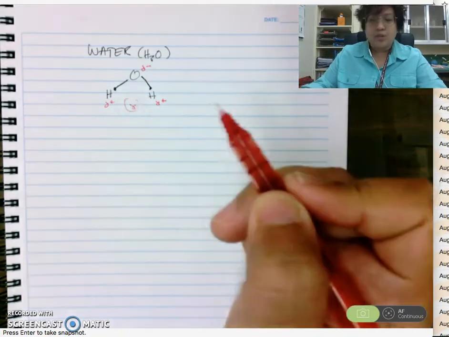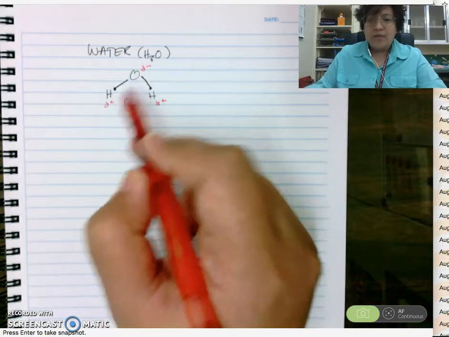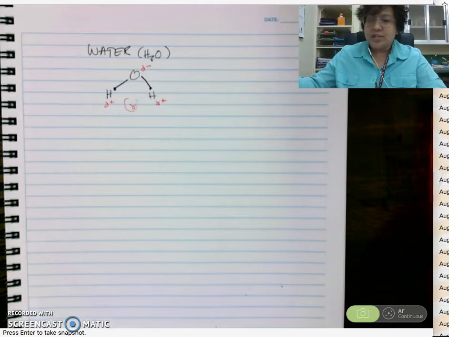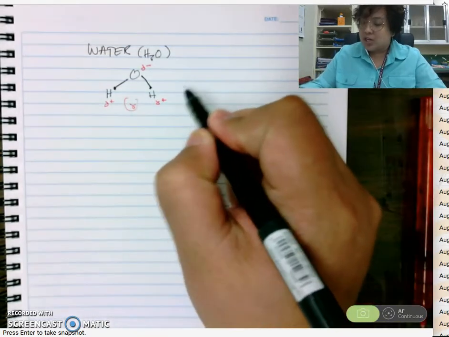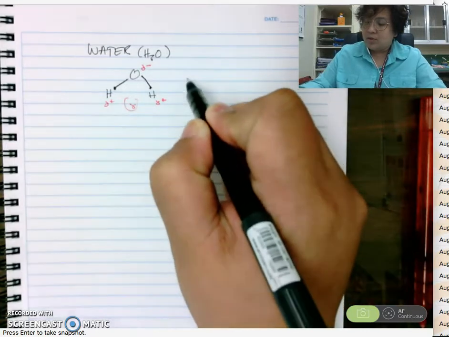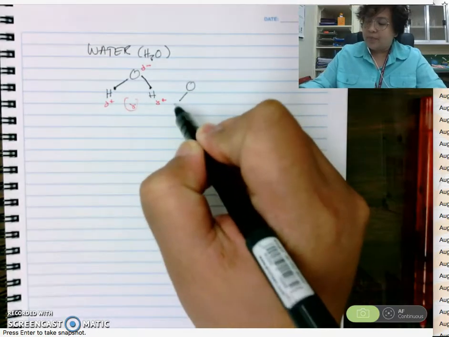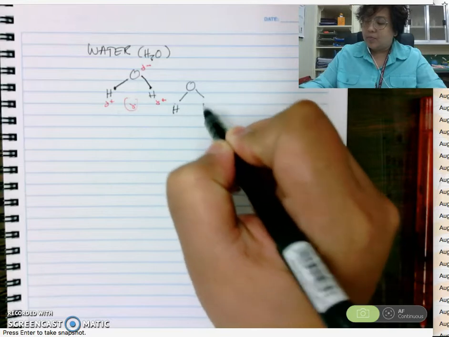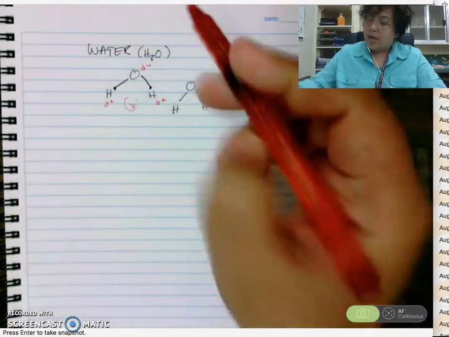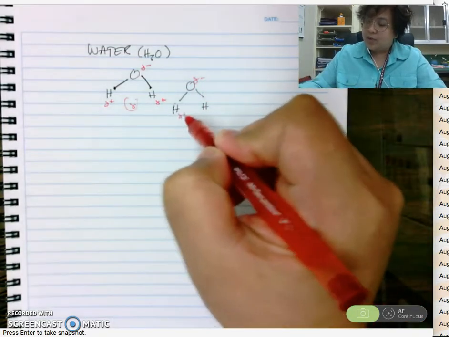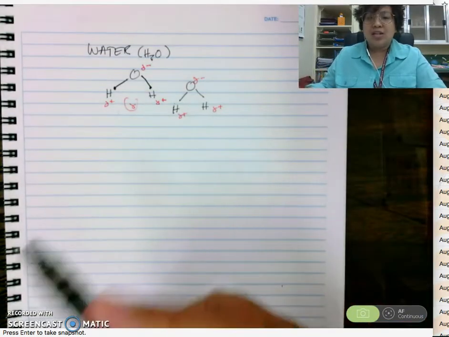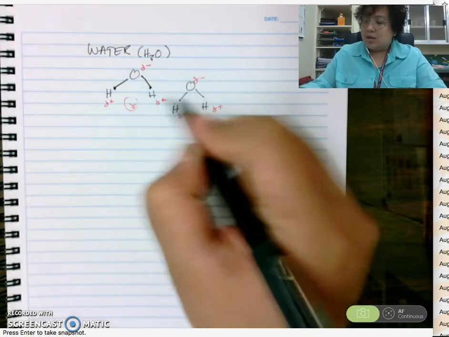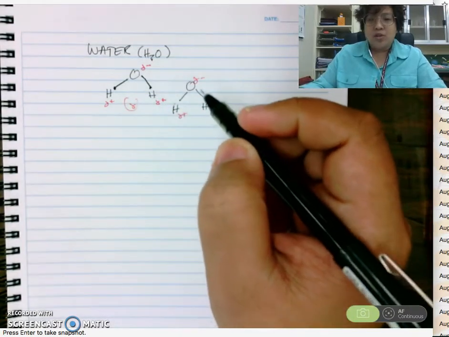This means partial. Since you have these partial charge differences, it means if I have another water molecule adjacent to this one, if I draw a water molecule, and this is partial negative, partial positive, partial positive, these two molecules are attracted, and the attraction is called a hydrogen bond.